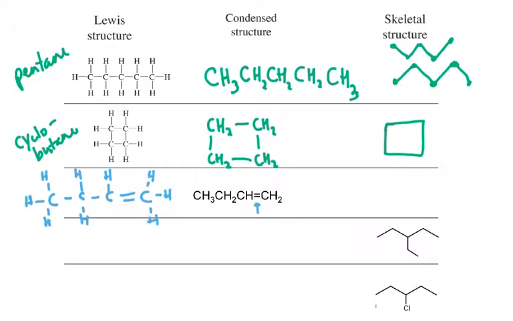For the skeletal structure, it's 4 carbons in a row, so 1, 2, 3, 4. To draw that alkene double bond, I just draw a second bond line there, showing that carbons 3 and 4 are connected through 2 bonds.